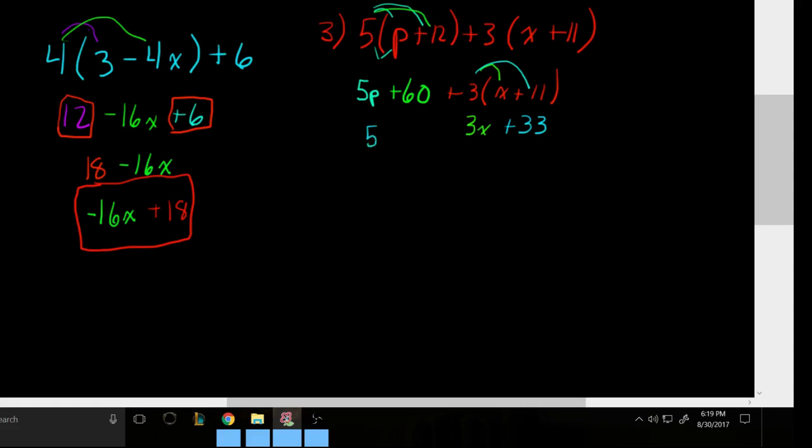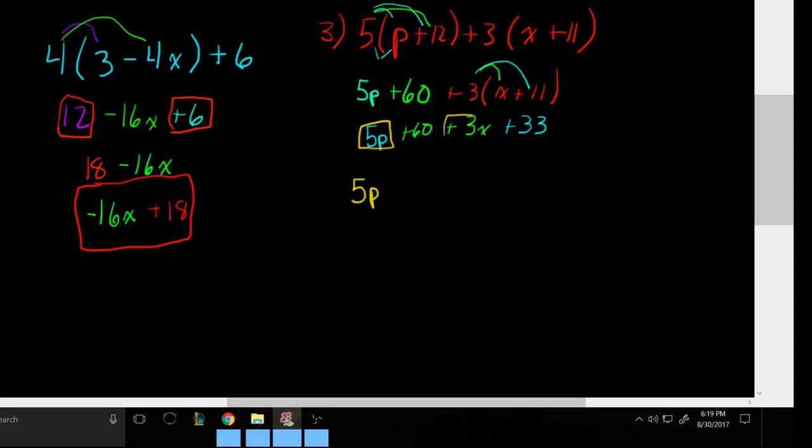Now I bring down the rest of this. I've got 5p plus 60. And remember that the 3x is positive, so we'll put that positive sign back there. Now notice I don't have any other terms with p in them, so I'll just bring down the 5p.